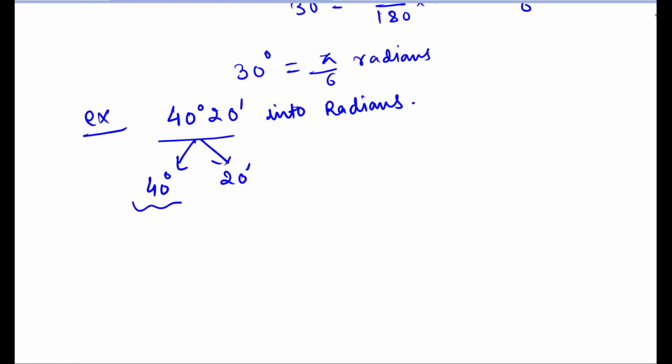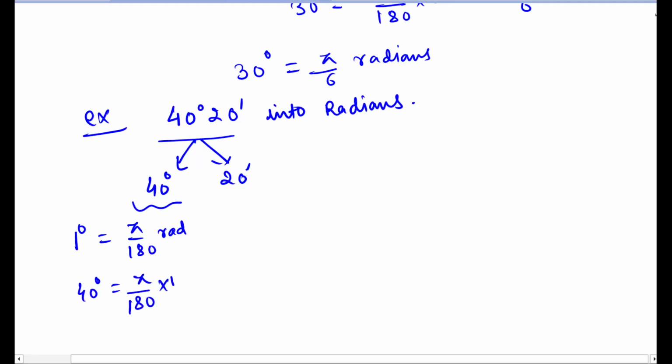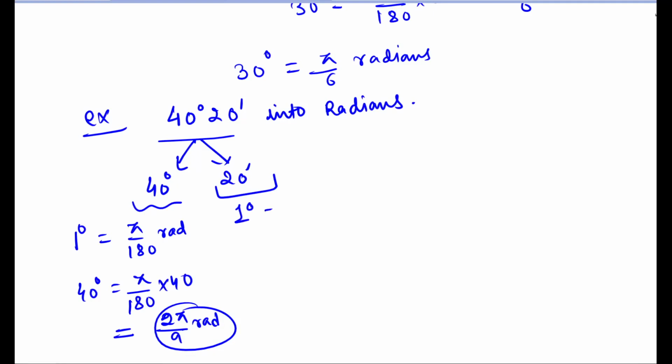We know 1 degree is pi by 180 radians, so 40 degrees will be pi by 180 into 40, which is equal to 2 pi by 9 radians. This is for 40 degrees, and we have 20 minutes. We know 1 degree is 60 minutes, so we can say 1 minute is equal to 1 by 60 degree.